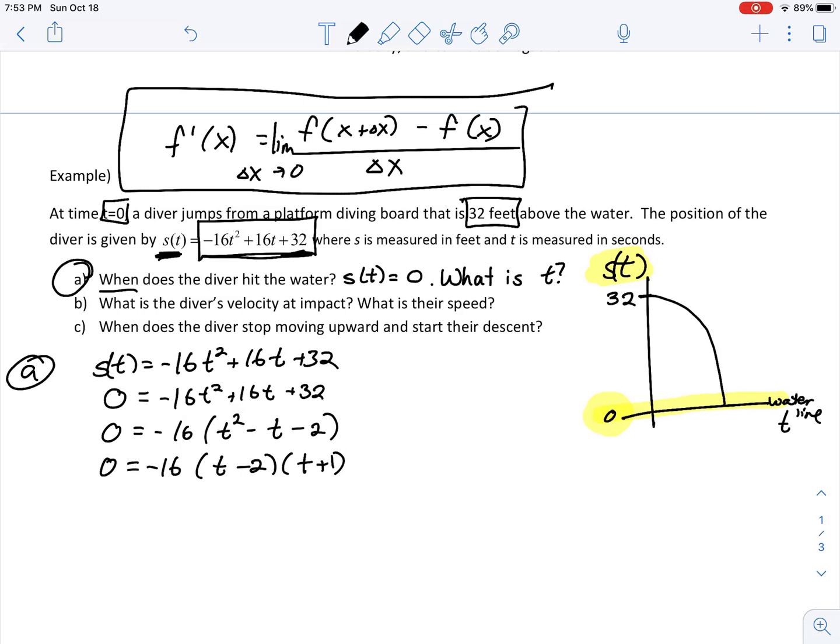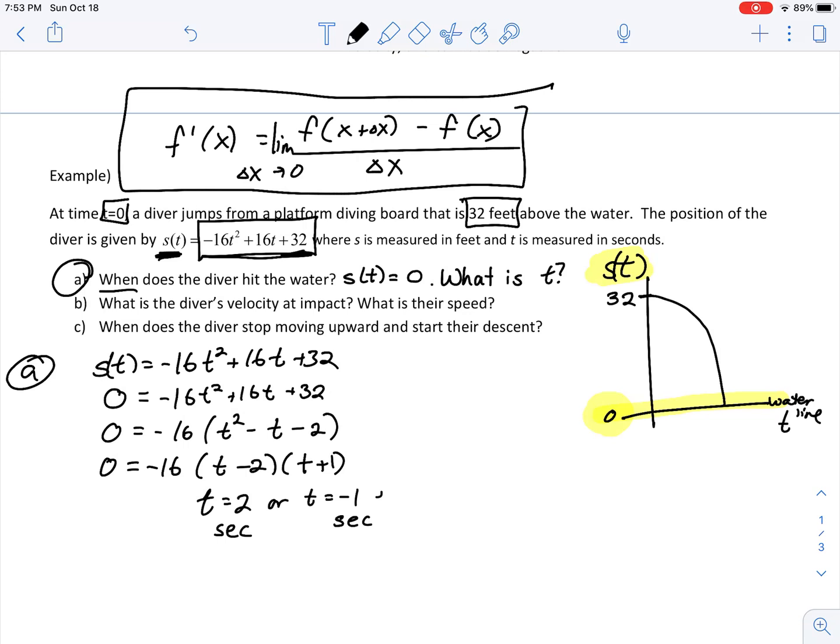That looks good. So t equals 2 or t equals negative 1. So 2 seconds after the diver jumps, the height is going to equal 0. Or at t equals negative 1 seconds, the height would equal 0.